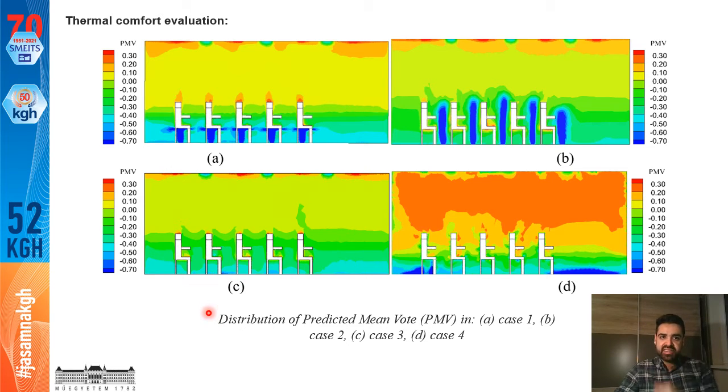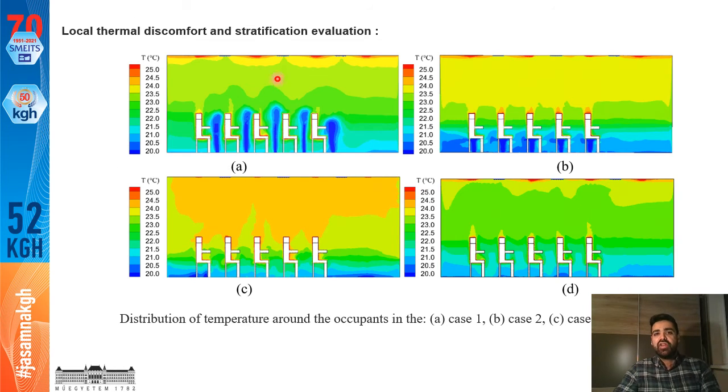So here we could see the thermal comfort evaluations, the distributions of predicted mean vote, PMV, in 4 different cases, and at the same time we could evaluate the local thermal discomfort and stratification in different cases.